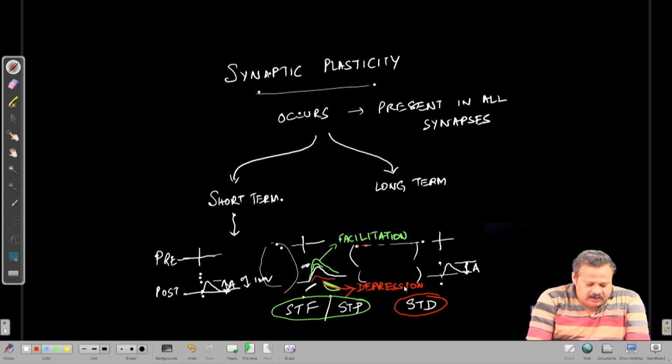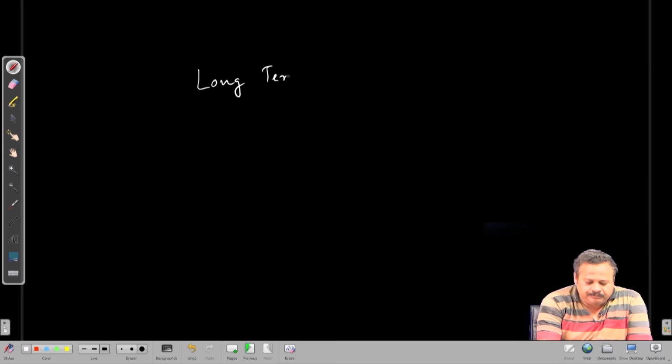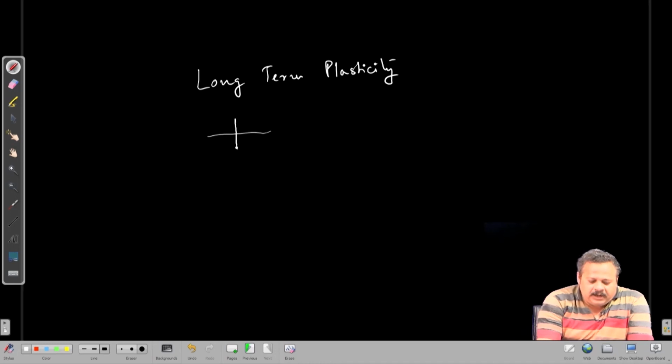On the other hand, what we mean by long term plasticity is that, let us say again, we are measuring the synaptic strength by producing a spike presynaptically, and we measure the average strength of the EPSP.